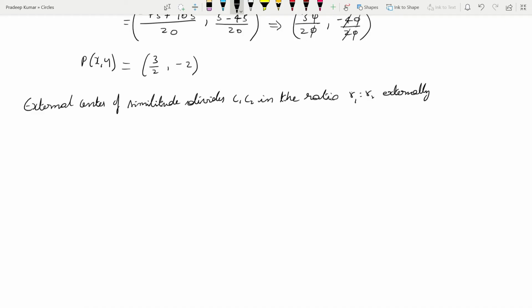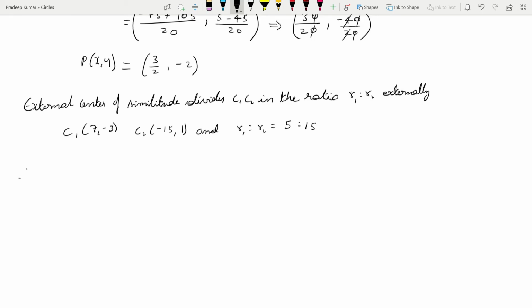So what is the first center? That is 7 comma minus 3, and the second center is minus 15 comma 1, and the radii, that is R1 is to R2, we got 5 and the other one is 15. So let's do the external center of similitude.